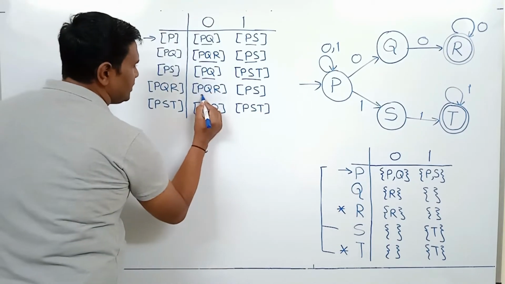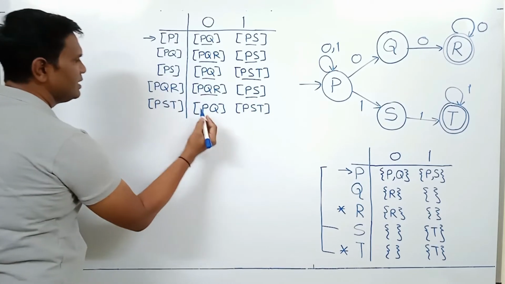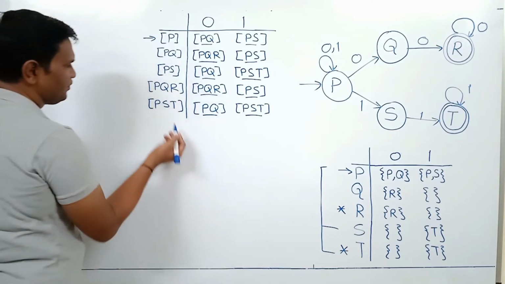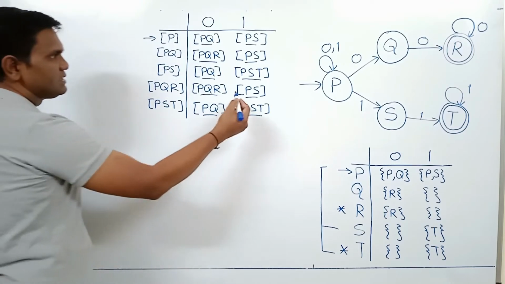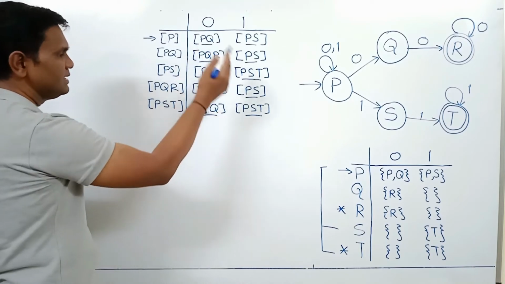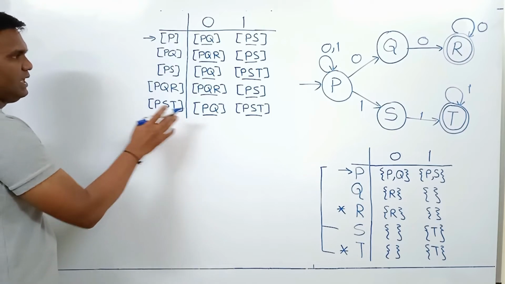Next reachable state is PQR. It is here. PS is here. PQ, it is here. PST, it is over here. So we have considered all the states reachable from initial state. We have considered all the states in the transition table. So this is the transition table for DFA.